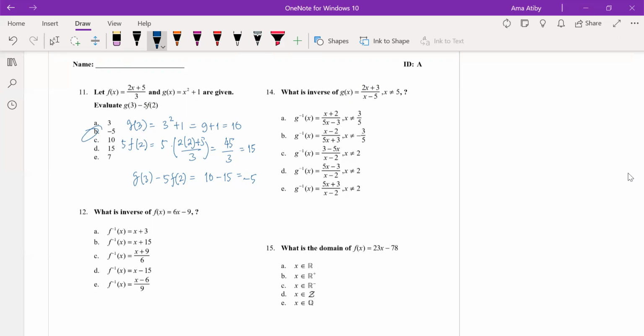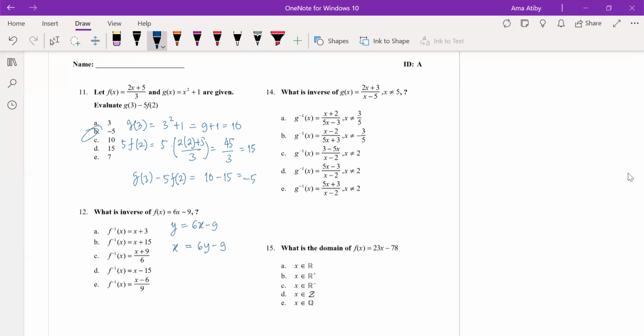Now let's move on to the inverse. To find the inverse of the function, firstly you need to write f of x as y equals to 6x minus 9. And then you interchange x and y, so you will get x equals to 6y minus 9.